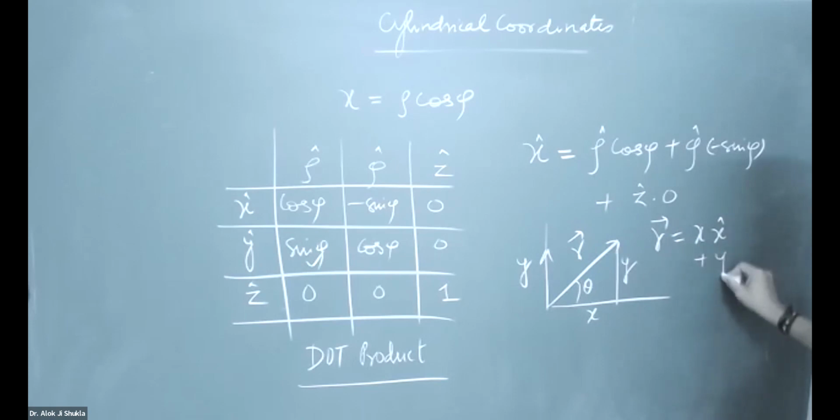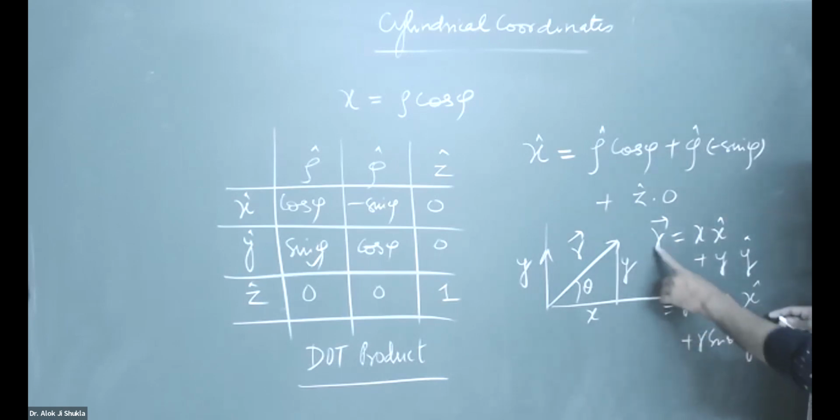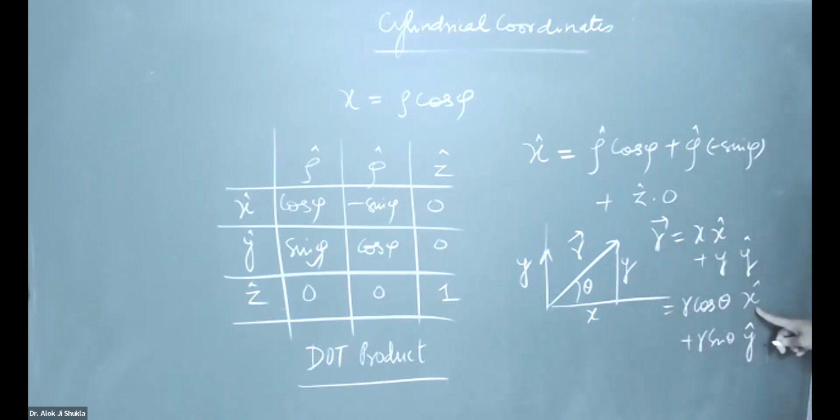And what is x? It is r cos theta. What is y? It is r sin theta. So actually what we write here is, if you take the dot product of this and this, you will get this.